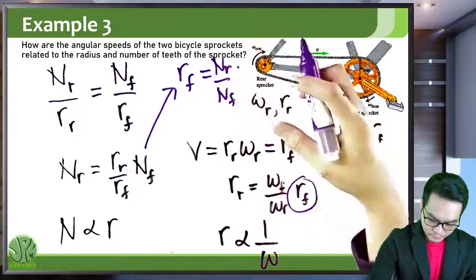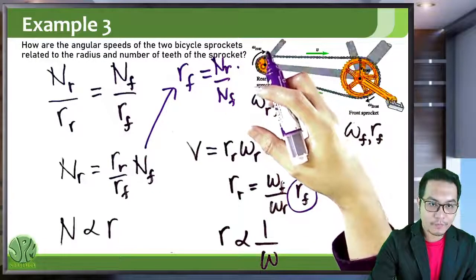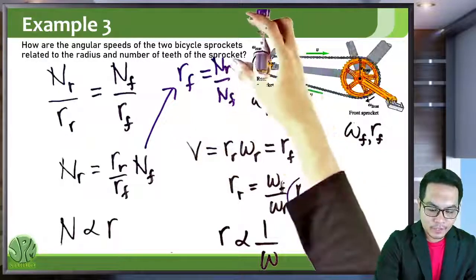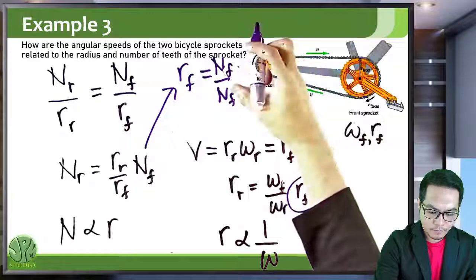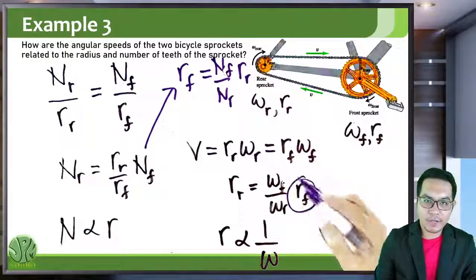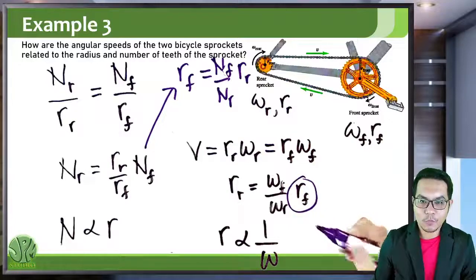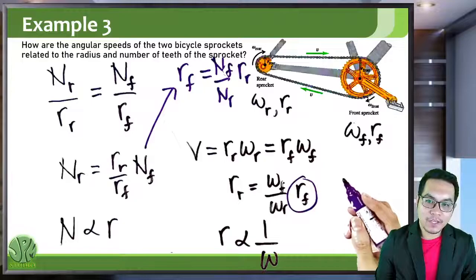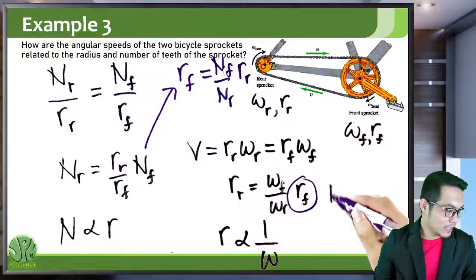Sorry, it's the reverse: n_f over n_r times r_r. So you can substitute this value here to obtain the relationship between the number of teeth and the angular velocity. So this is the result.